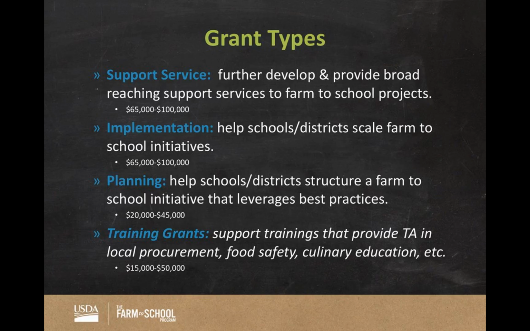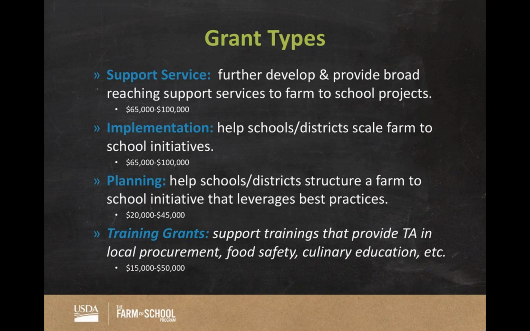We also have implementation and planning grants. Implementation grants give schools the resources they need to execute their farm-to-school activities. Planning grants help schools structure plans that incorporate best practices for launching or cultivating farm-to-school activities.